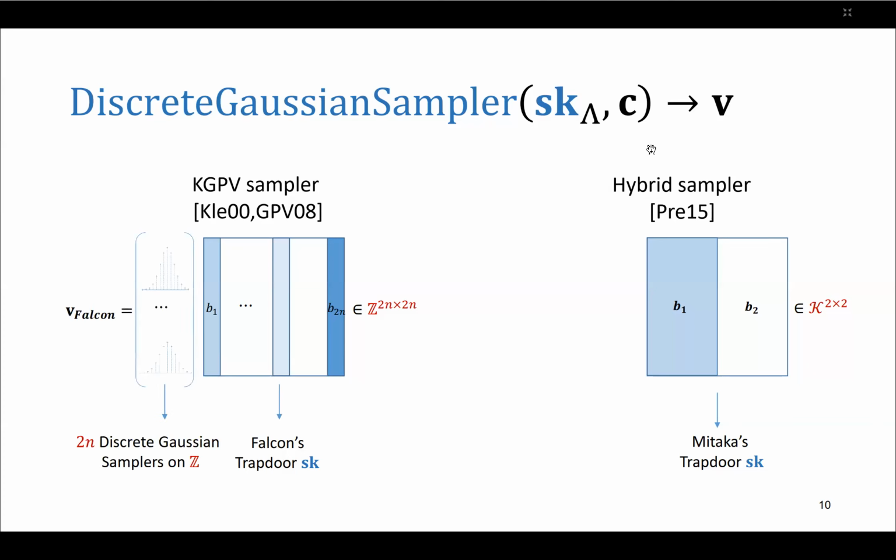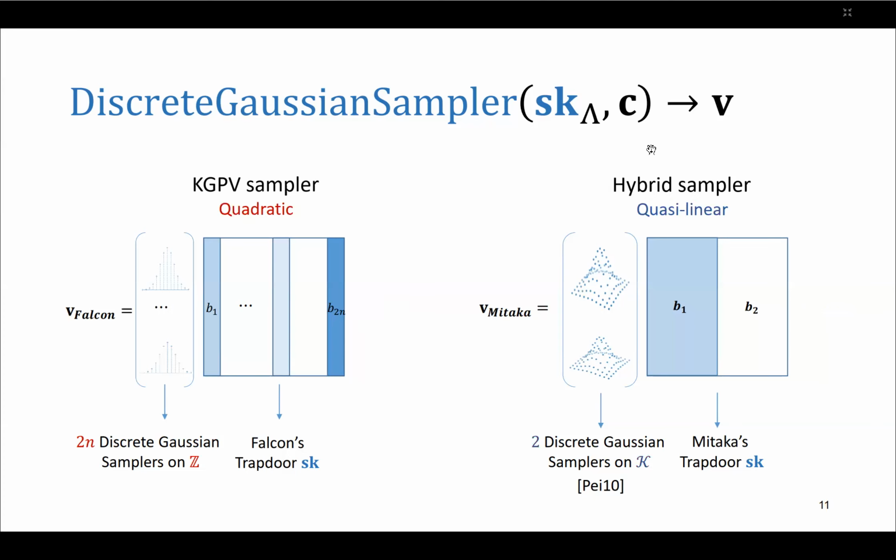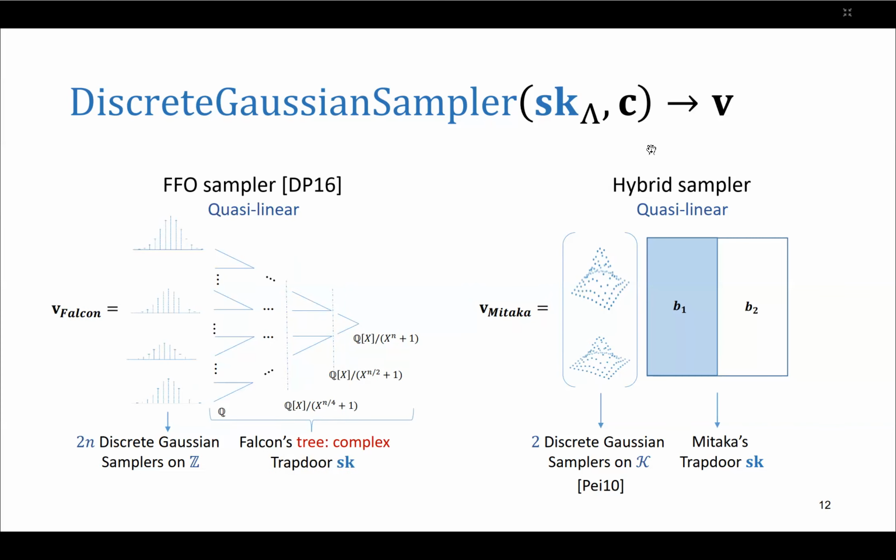Because of this difference, in order to sum the contributions of the elements of the basis in V, for Klein and GPV we need to sum discrete Gaussian vectors of dimension 2n on Z, while for Mitaka it is discrete Gaussian vectors of dimension 2 on K. And in terms of complexity, Klein GPV is actually quadratic. That's the reason why it's not actually used in Falcon, but in practice the FFO sampler is used instead.